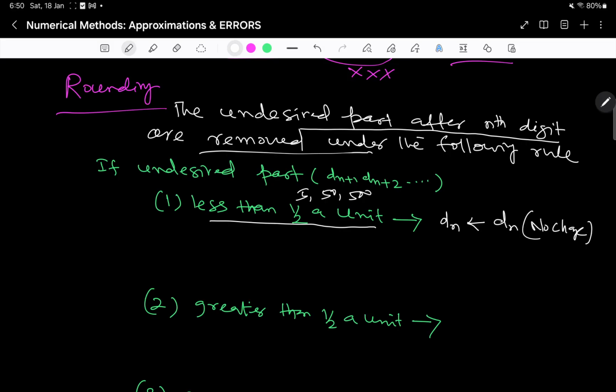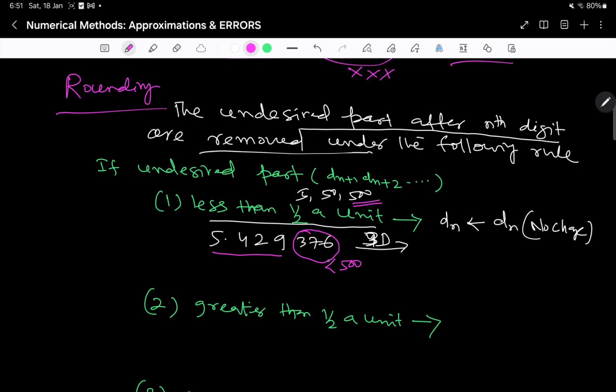For example, suppose I say 5.429376 and I want to round it up to 3 decimal places. So I keep it up to this, and now this is my undesired part. This undesired part is less than 500, half a unit, as I have told.